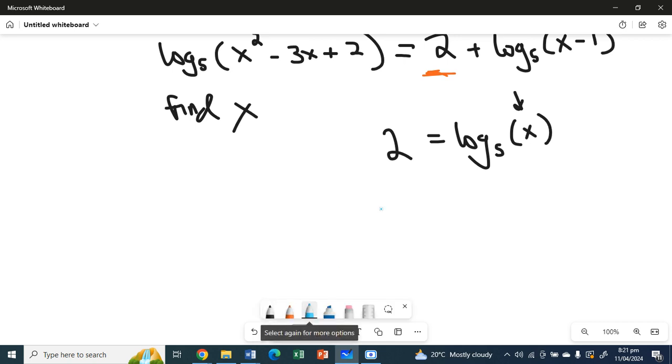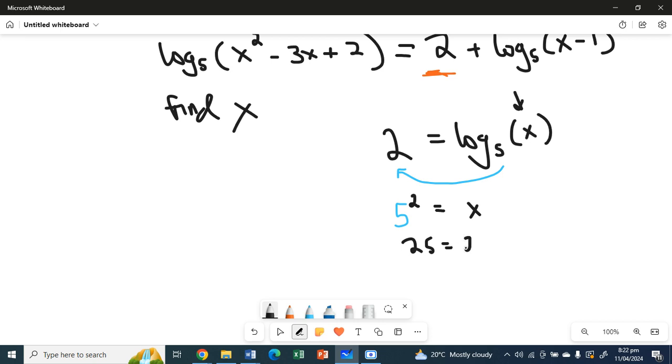So what we're going to do, you're going to take this 5 over here. So you're going to say 5 to the power 2 equals x. 5 squared is 25. So x is going to equal 25.